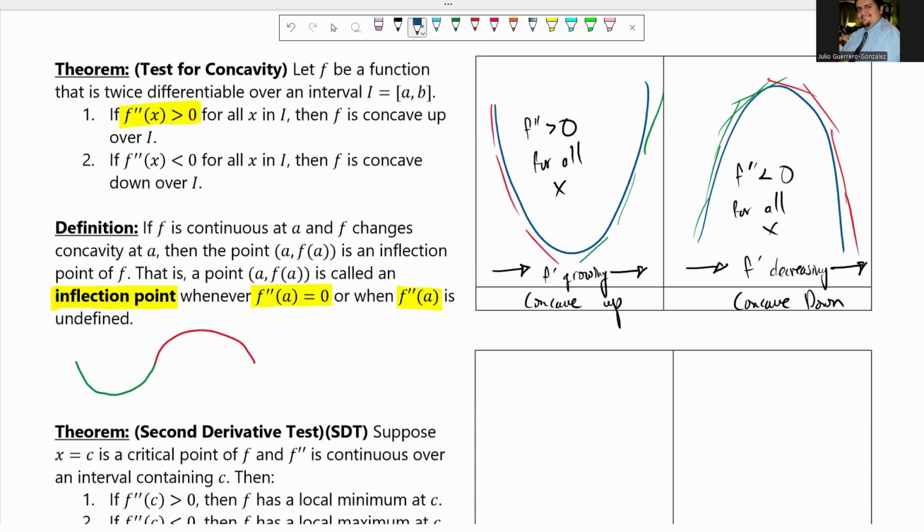You can see that there's a point right there. And vice versa, we can have the other way. We can have something that goes like this and turns into something that looks like this. Both of these points are inflection points, whenever your function changes concavity.